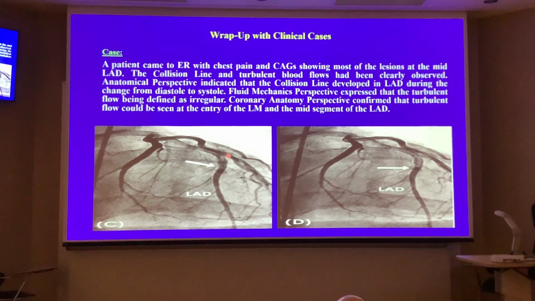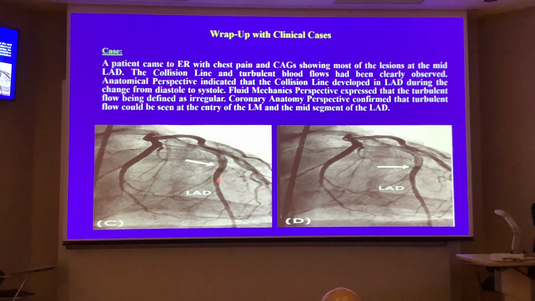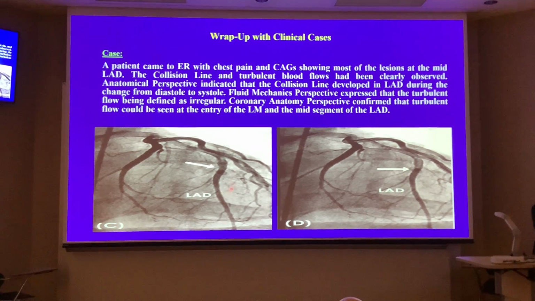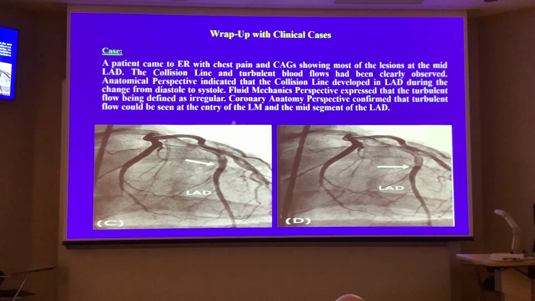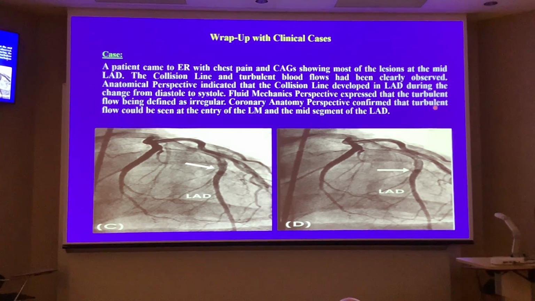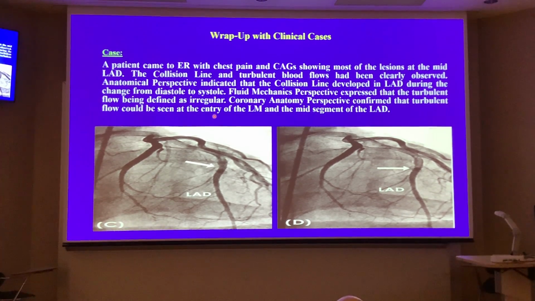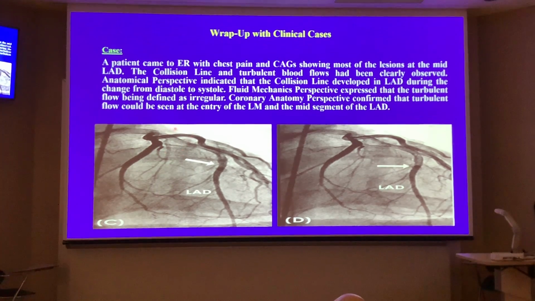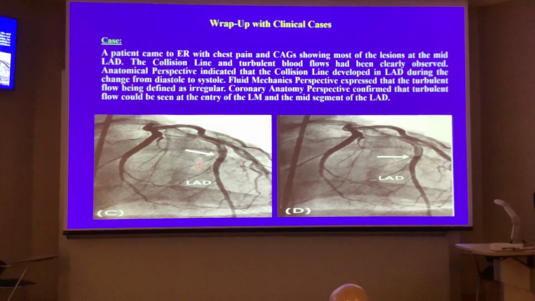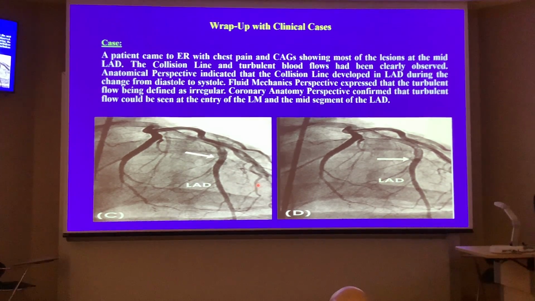The black and the white color, the collision of incoming flow and the antegrade-retrograde flow, is very irregular. And the coronary anatomy perspective confirmed that turbulent flow could be seen at the entry of the left main region and the mid segment of the LAD or the RCA, the right coronary artery.